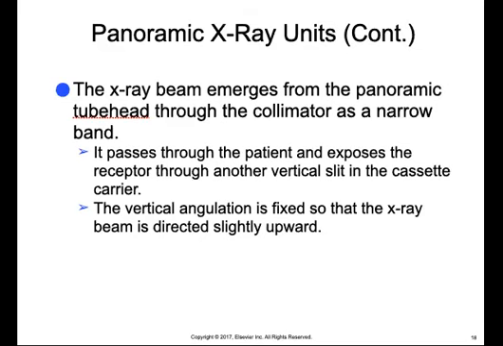It passes through the patient and exposes the receptor through another vertical slit in the cassette carrier. The vertical angulation is fixed so that the X-ray beam is directed slightly upward, at about -10 degrees. The vertical angulation of the panoramic tube head does not change, once again, as in the case of the intraoral tube head.